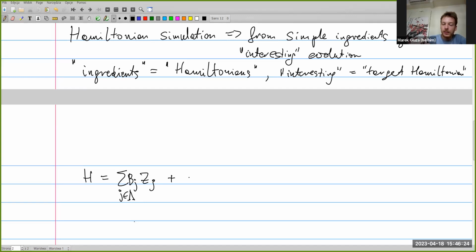And then we would have ij in the edges of that lattice here, and maybe we would have X_i X_j interactions here. And that would be a model for a quantum magnet. And then we could ask about the evolution of this and so on.